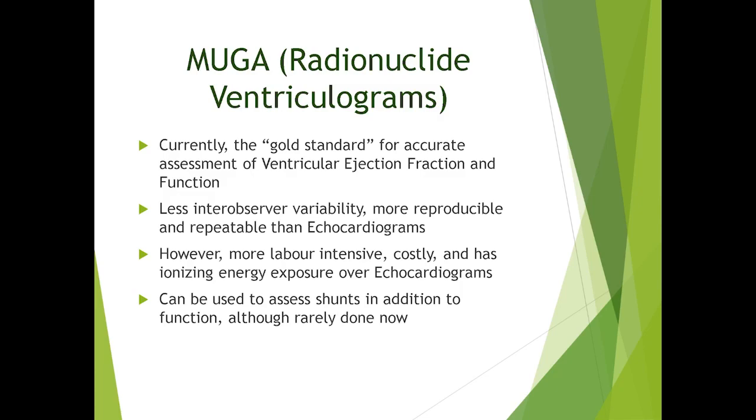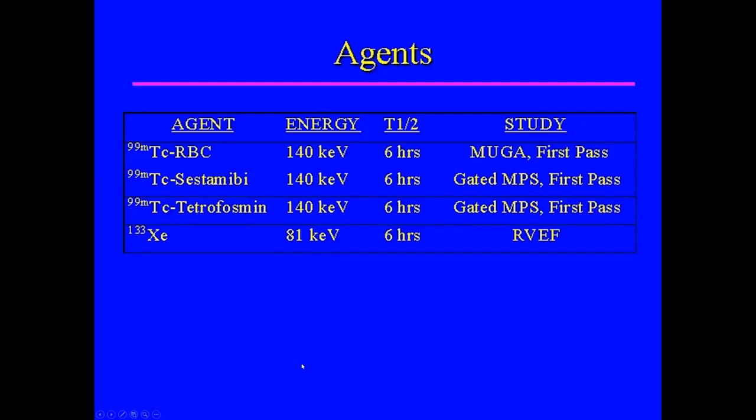But they are also more labor intensive, they're costly, and have ionizing energy exposure, which of course echocardiograms do not have. But other things can be done with MUGAs other than just looking at ejection fraction, for example, to assess shunts in addition to function, although again, a lot of these are rarely done now.